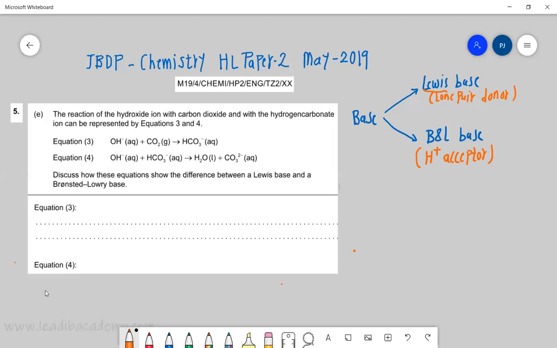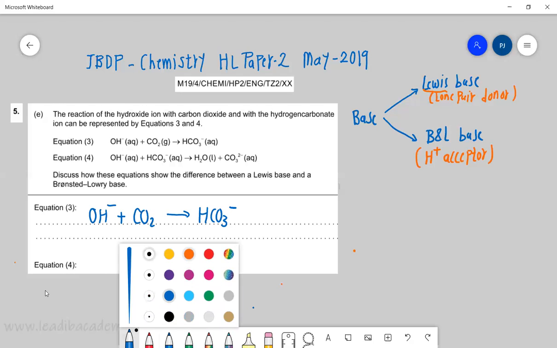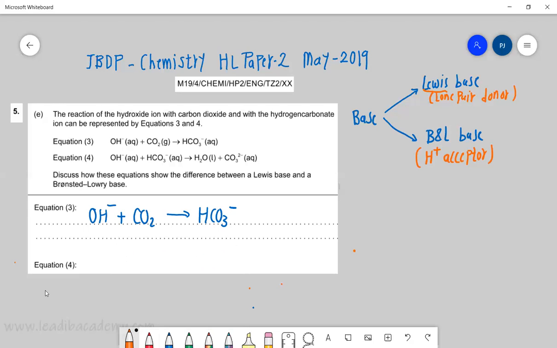So let's look into this. The first equation: OH⁻ plus CO2 giving HCO3⁻. Let's analyze what is happening here.